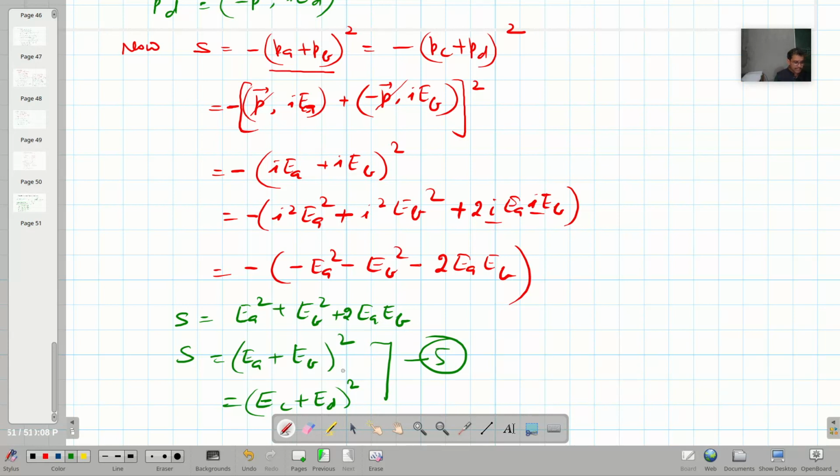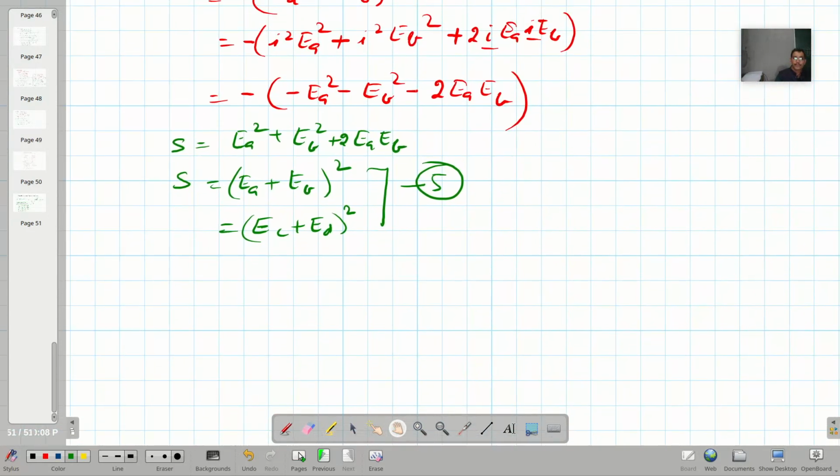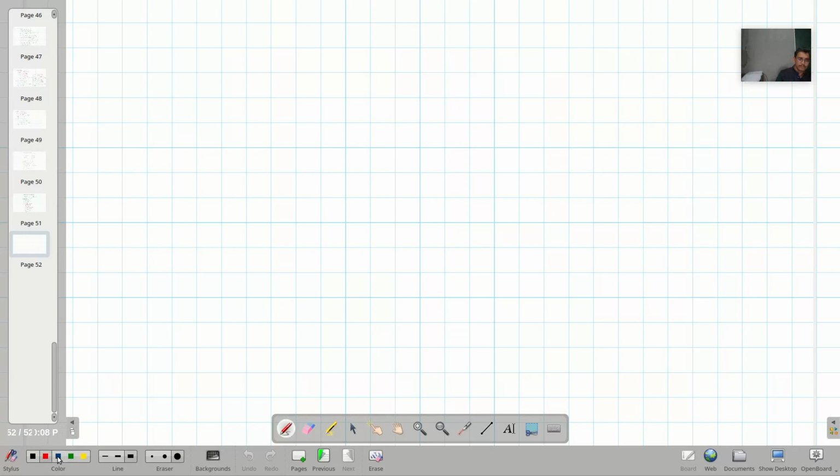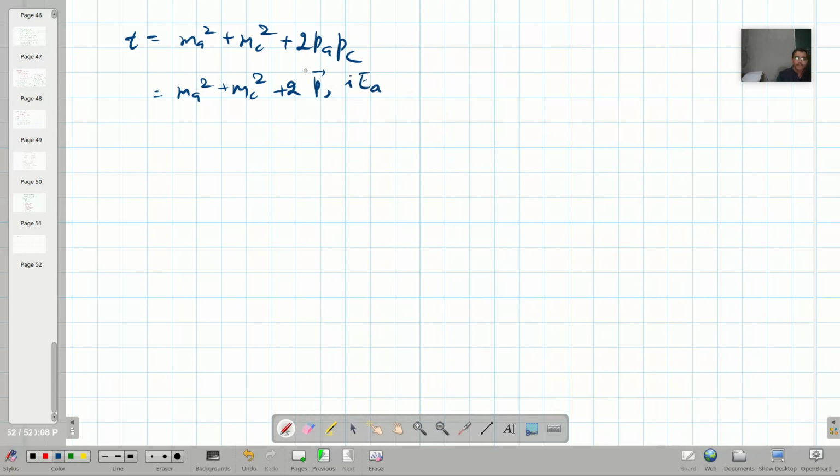Now T can also be simplified. T is equal to MA square plus MC square plus 2 PA PC, as we have derived in the earlier lecture, and it can be written as MA square plus MC square plus 2 P comma iota EA and P prime iota EC, and this is like a dot product, right?